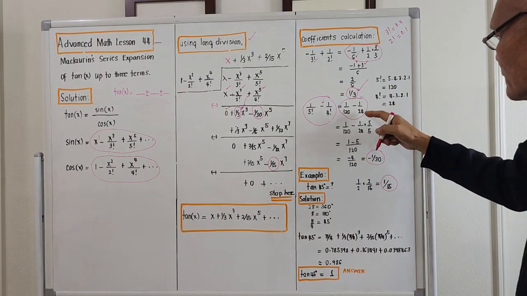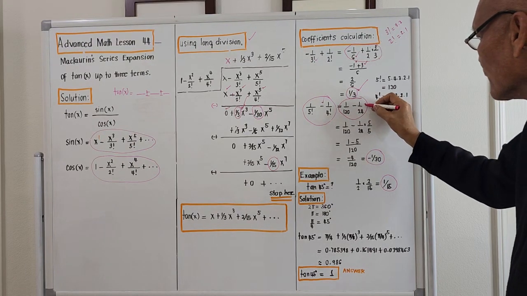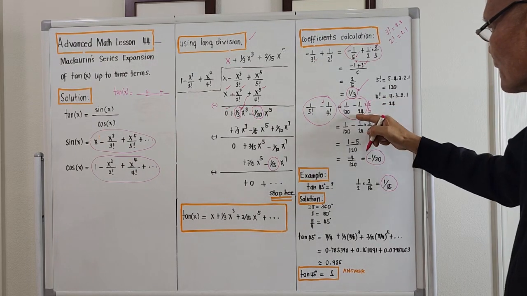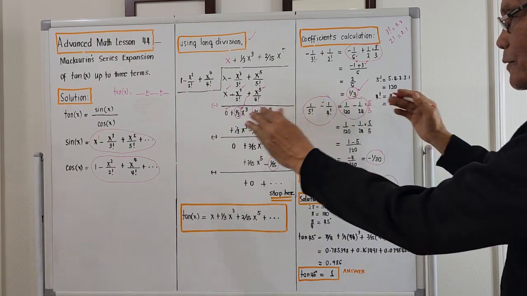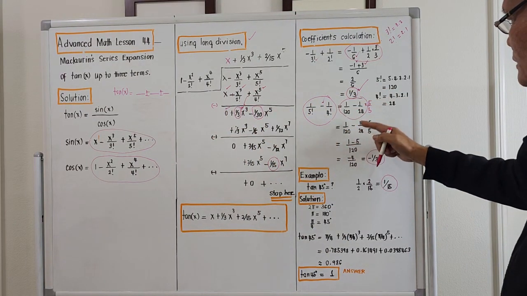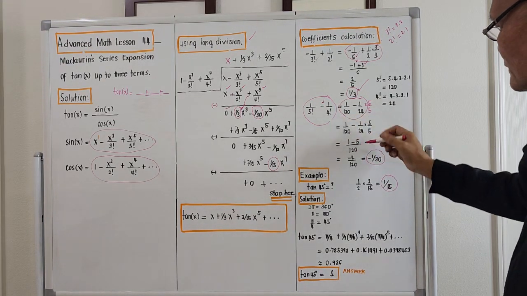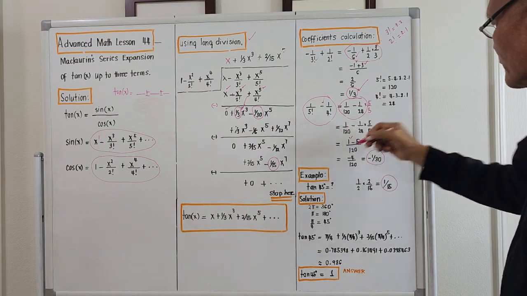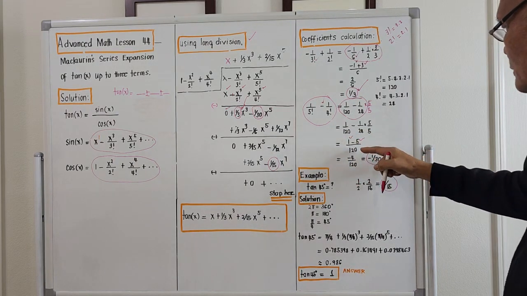But in here, we are adding two fractions with different denominators again. So we must convert the second one to have the denominator 120. So we will multiply this by 5, and this by 5. 24 times 5 will now be 120, so we can combine now, right? So this will become 1 over 120 minus 1 over 24 times 5 over 5. And 1, minus 1 times 5 will be minus 5, all over the common denominator 120.